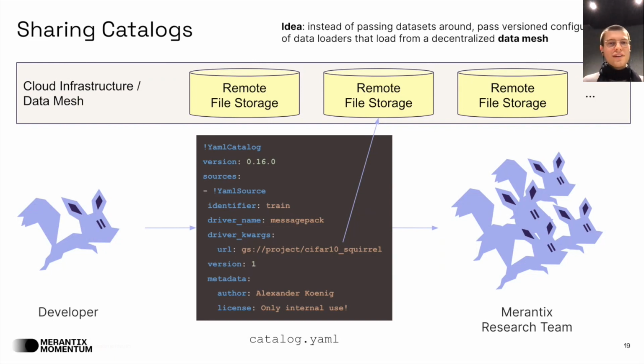If there's a hacker problem or a data leak or whatever in one part of your storage, then that would affect all of your data, of course. However, if you have this decentralized approach in the data mesh, then that can be alleviated. And you do need a good way of referencing what sits where, essentially. That is where Squirrel really helps you out.